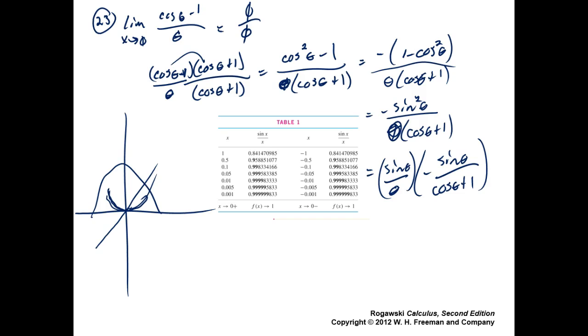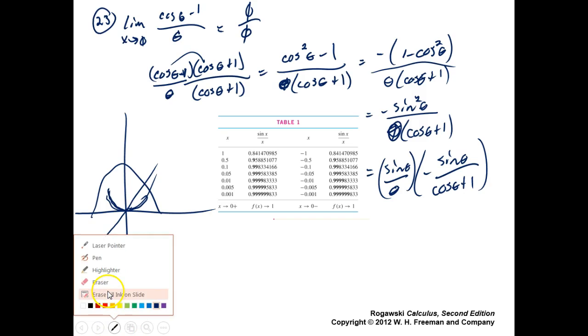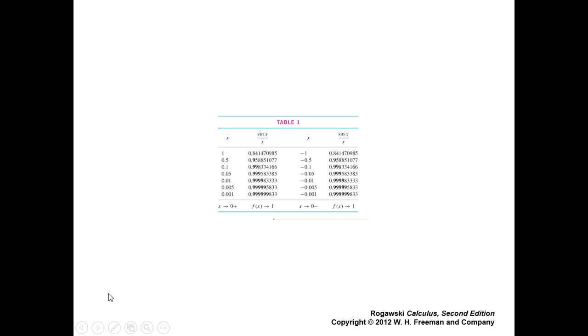Any other questions? Okay. We're getting ready to start 2.3, and I think I have it up here already. So let me erase all this ink.